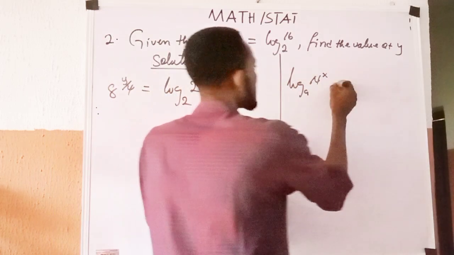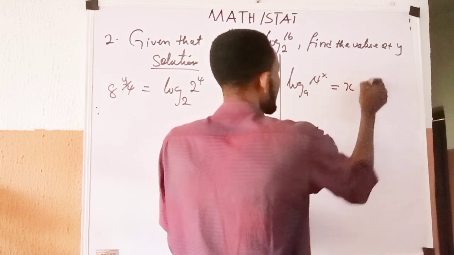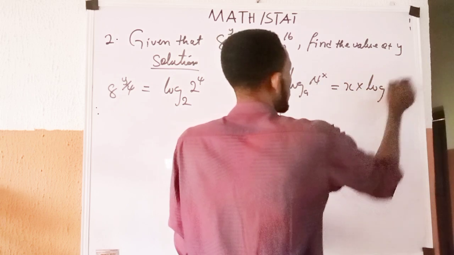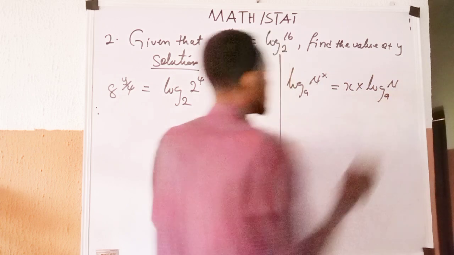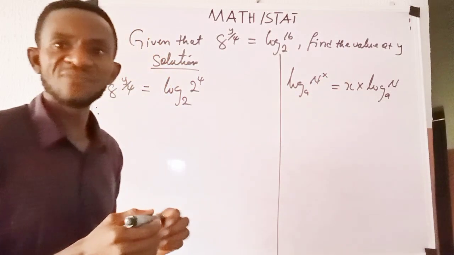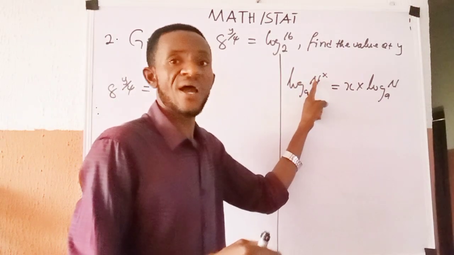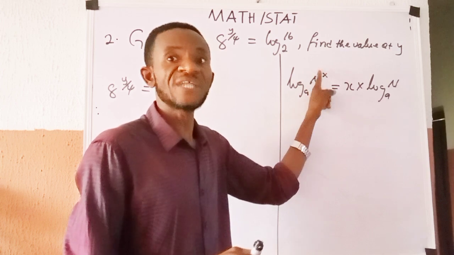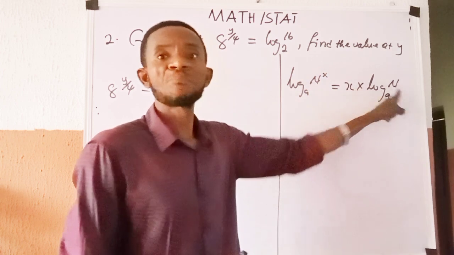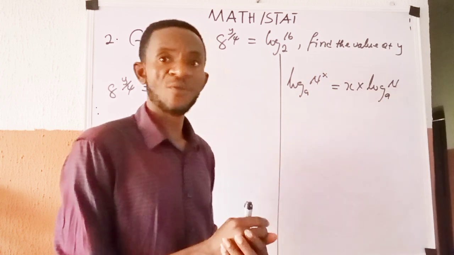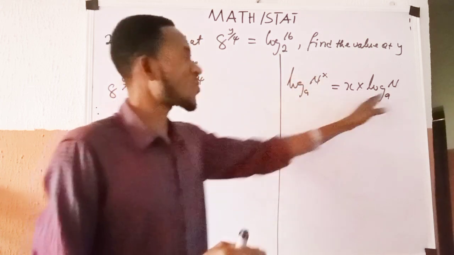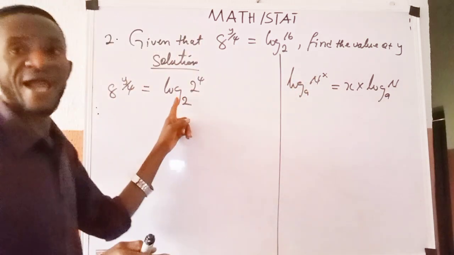So this is given as x times log of n in base a. This and this are the same thing in mathematics: log of a number raised to a power is the same thing as that power multiplied by the log of the number. And if you understand what I have said here, I'll quickly come here and apply it.